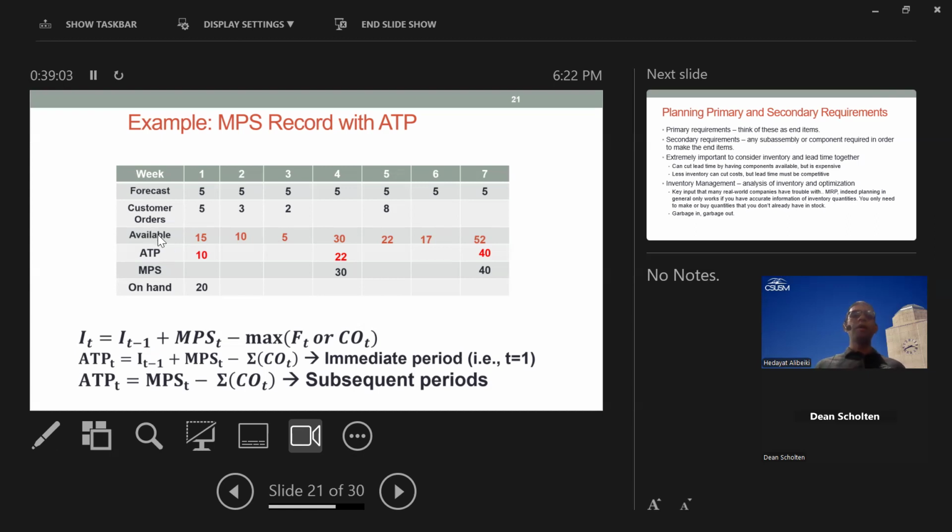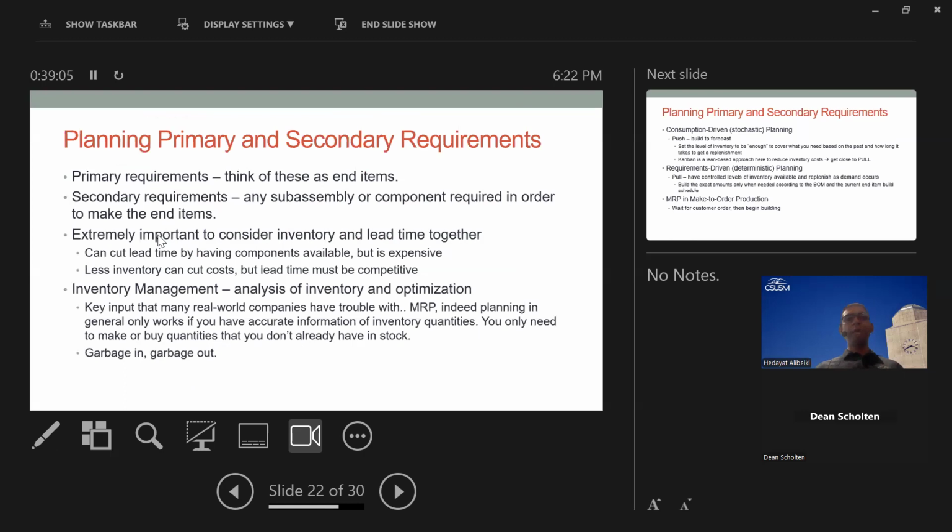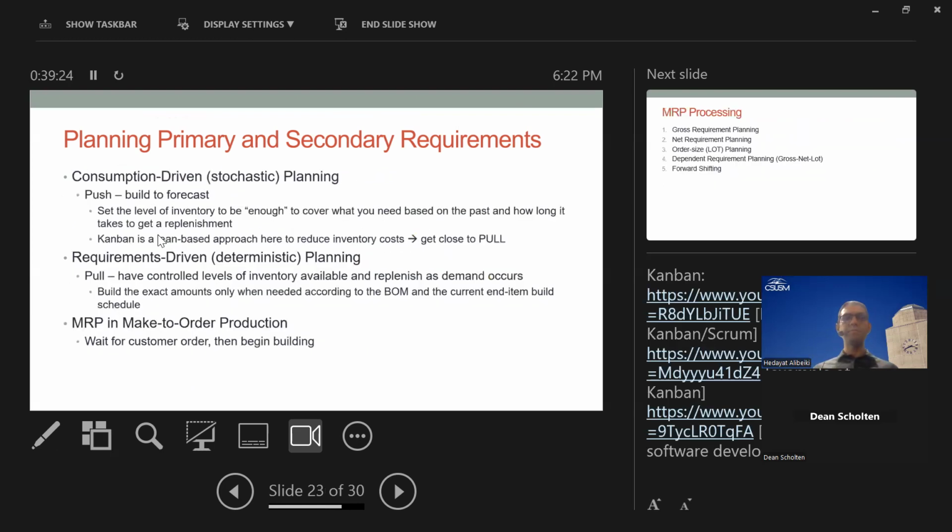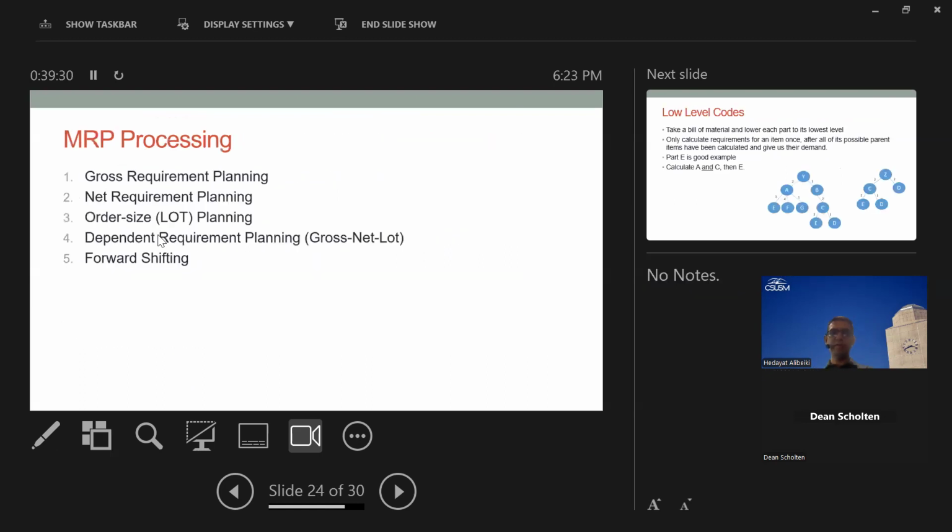Okay. Primary and secondary requirements. We use the MPS table for our end items just to get the scheduling part done. We do the MRP table for sub-assemblies and raw materials for secondary requirement planning. That's basically the same thing.